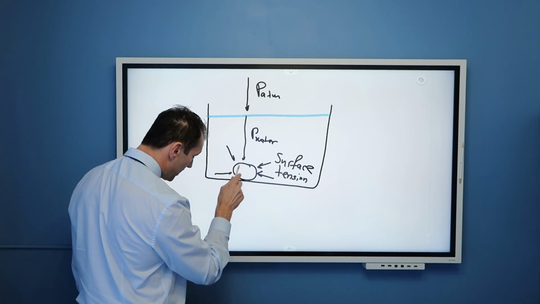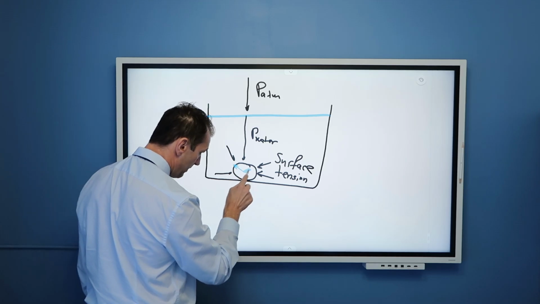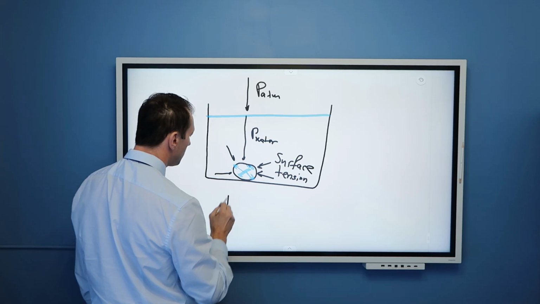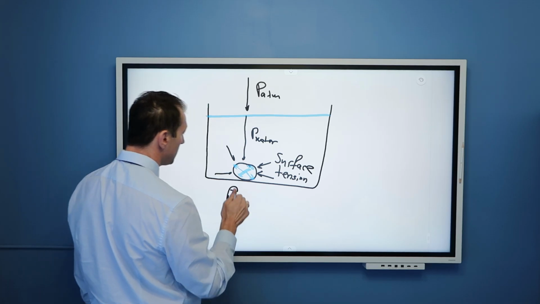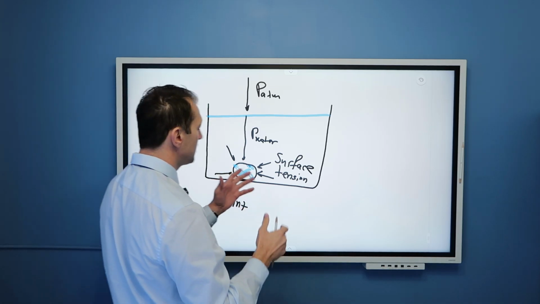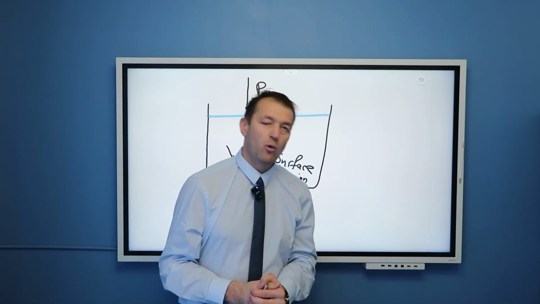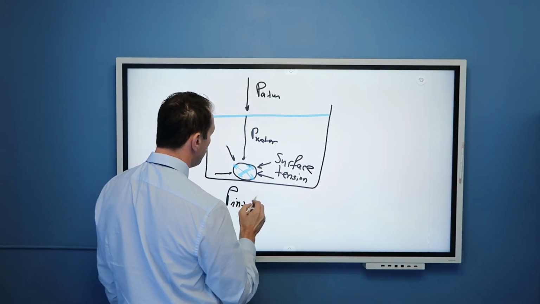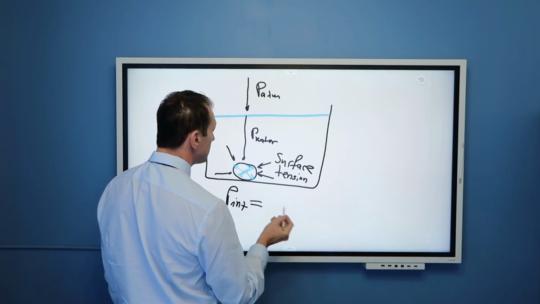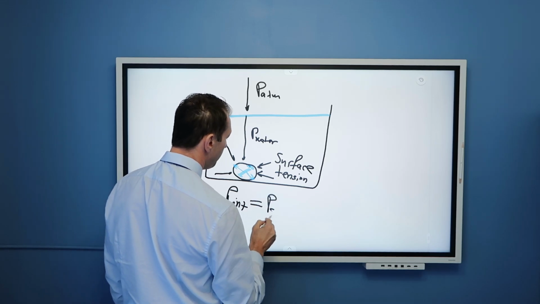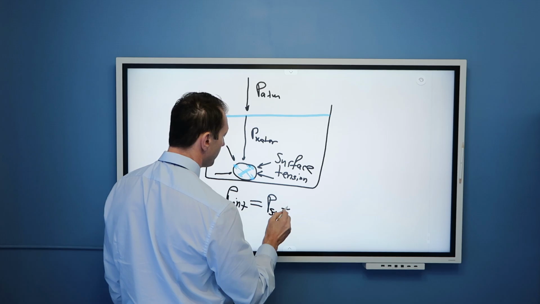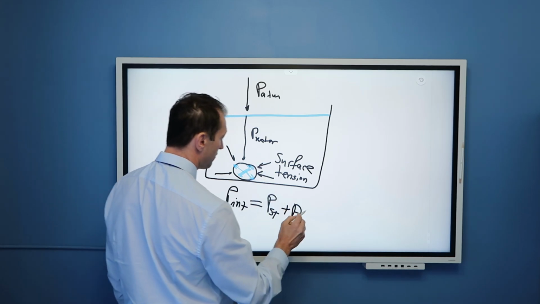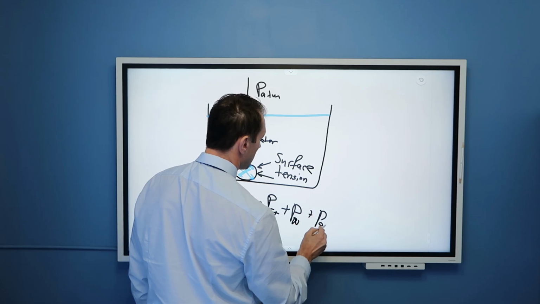Now, there is pressure inside of this bubble. Let's call it the internal pressure in the bubble, and this bubble might be formed by nitrogen degassing. This internal pressure in the bubble needs to be at least equal to the surface tension pressure, ST, plus the hydrostatic pressure of water plus the pressure of the atmosphere.